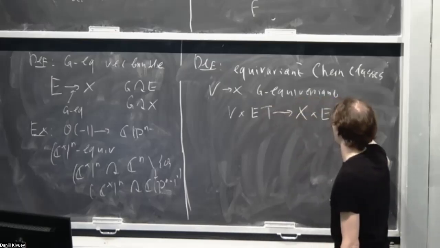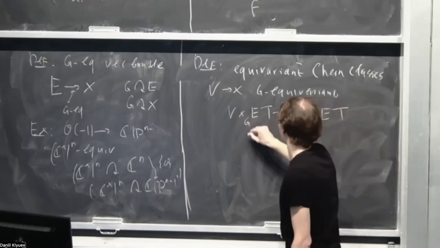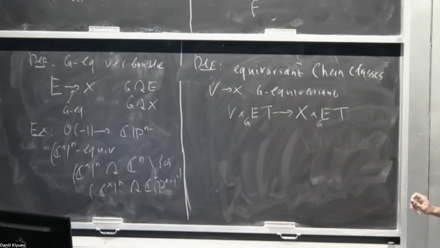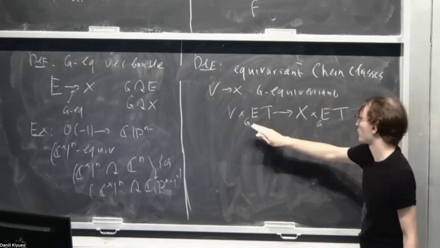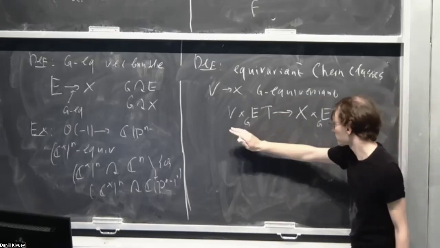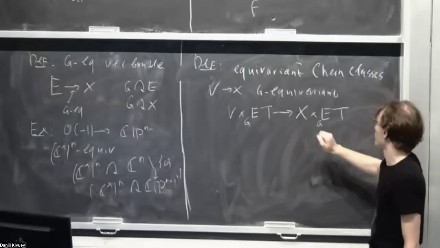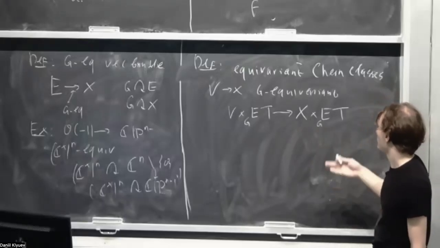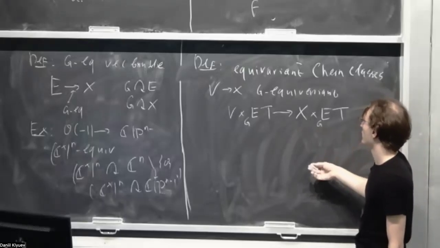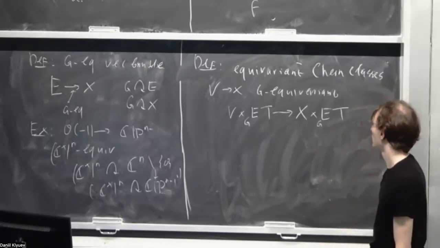I just multiply by EG and take the quotient by G. There is a map from this product quotient by G to this product quotient by G, and this is still a vector bundle of the same rank.